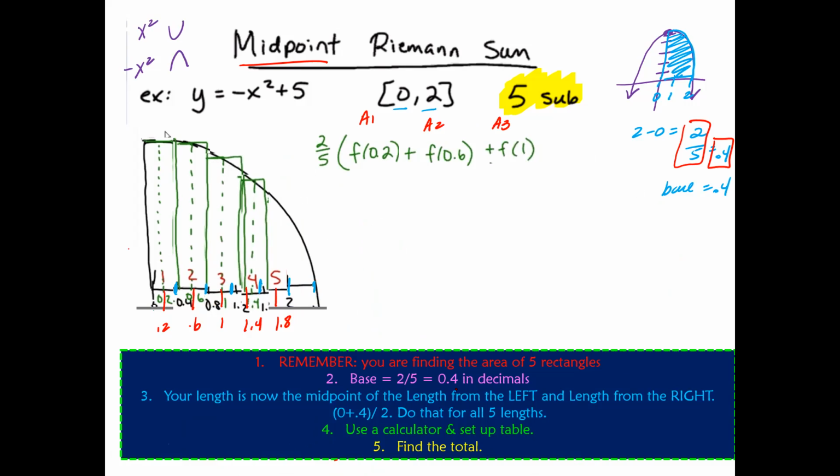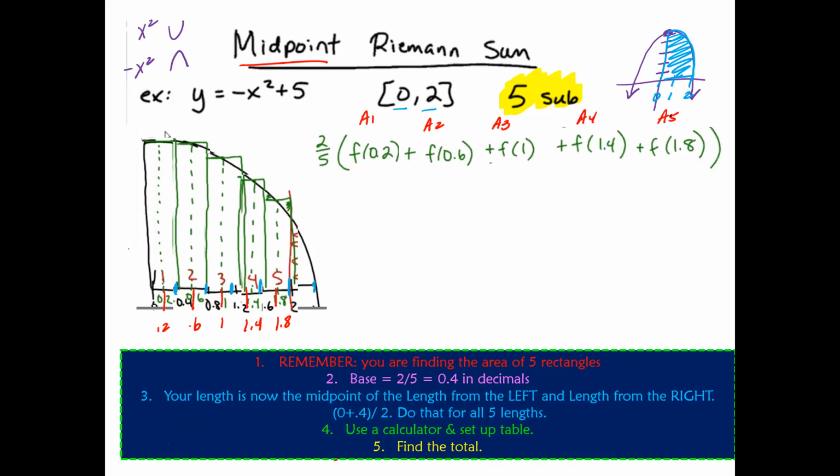And then your fourth rectangle, the midpoint is 1.4. Fifth rectangle is 1.8, and so we're just going to add the rest along with it. Let me erase this part here. And notice your 2/5, which is 0.4, you're going to be multiplying that to everything, to the 5 rectangles.